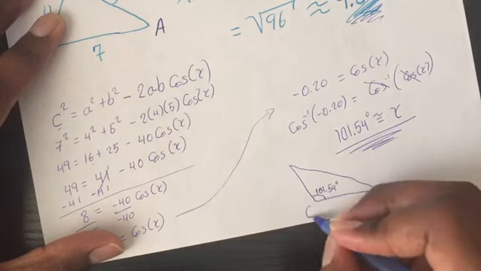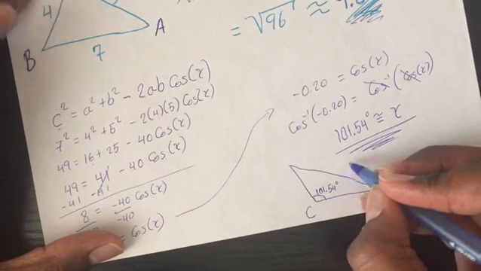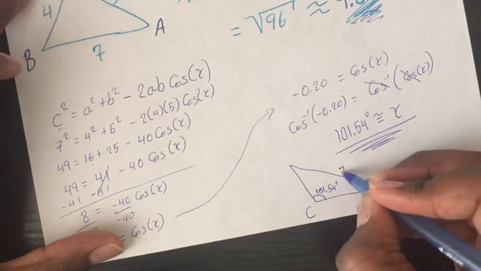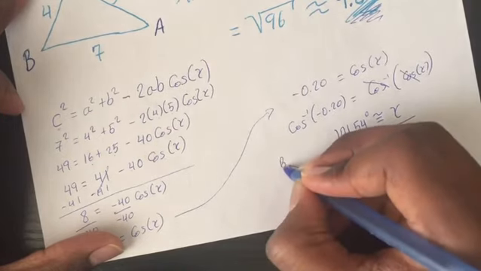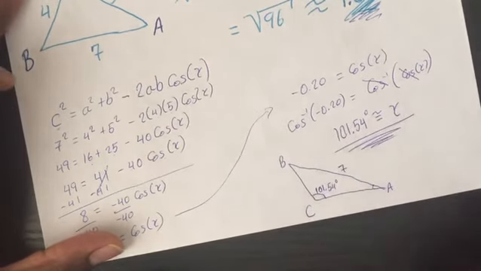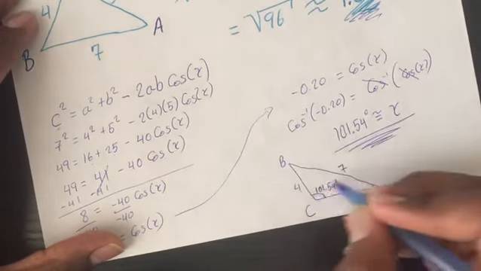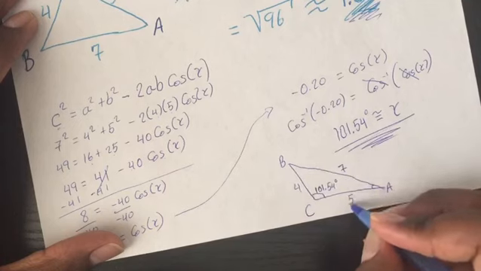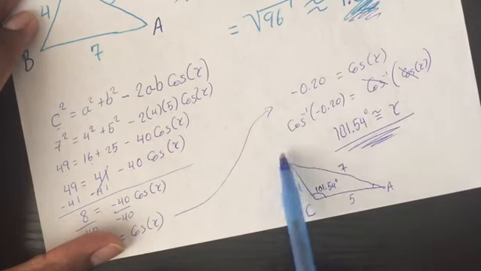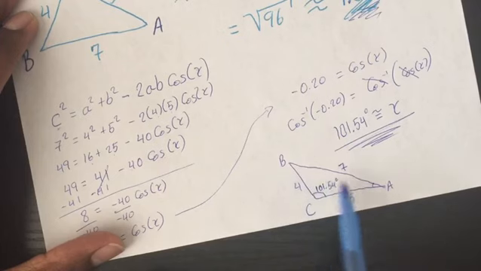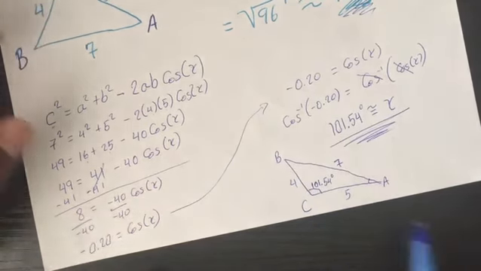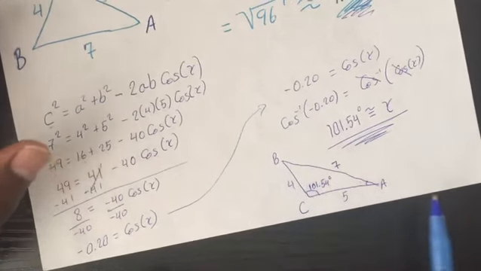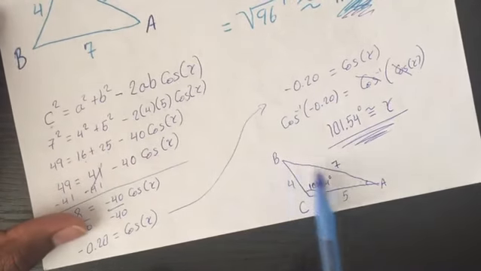That means this is my C. Side C in this case would be 7. And then we can call this A, call that B. We know the side A is 4, the side B is 5. And then to find those two angles, you can use the law of sines. If you apply the law of sines, you should be able to get an angle that's less than 90 for both cases.